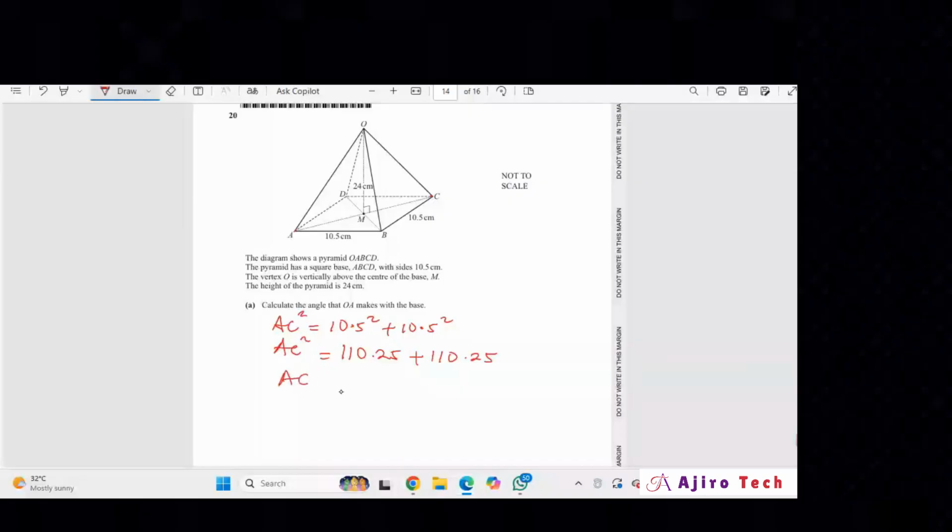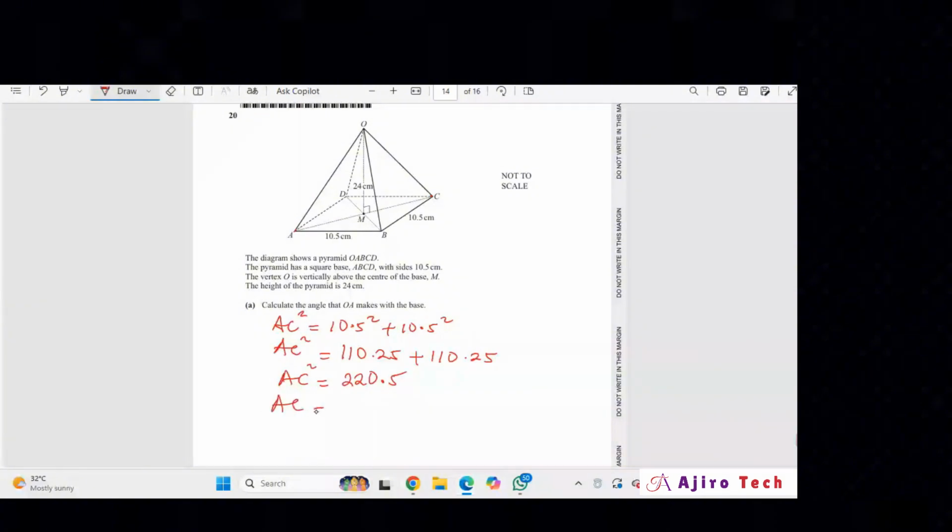When you add it, that will give you 220.5 as AC square.